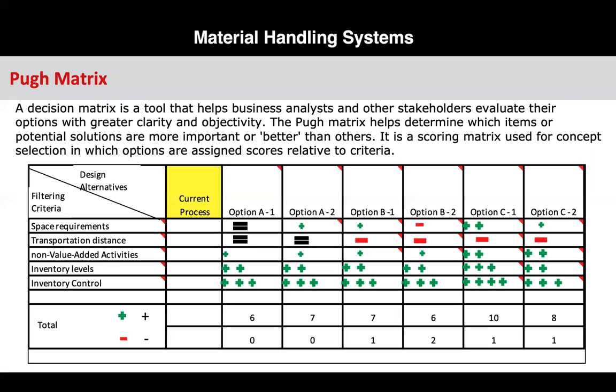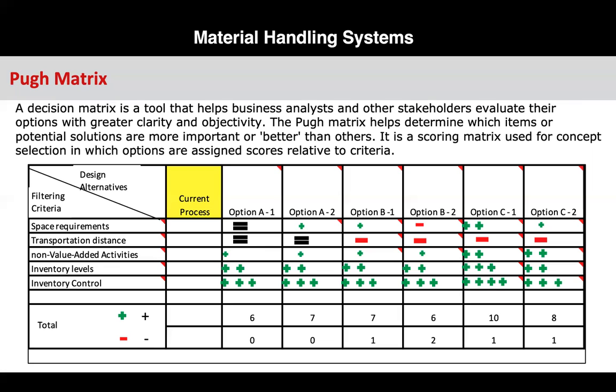But you go through, and on the left hand side, you have the key criteria that you want to grade against. This was a material handling situation, so we had space requirements, transportation distance, non-value-added activities, inventory levels, inventory controls. And then each person would rate it.